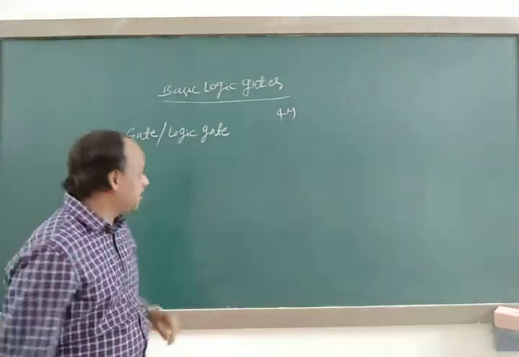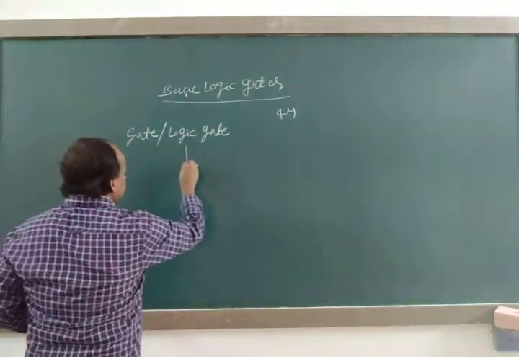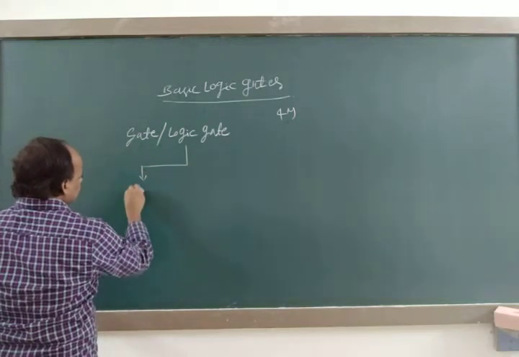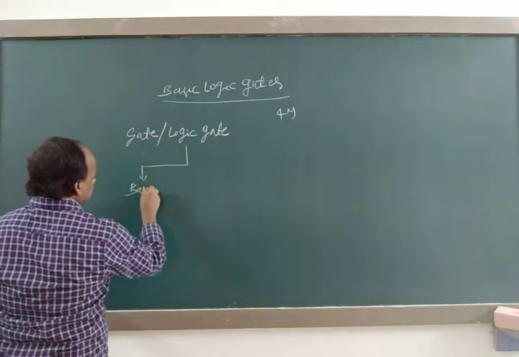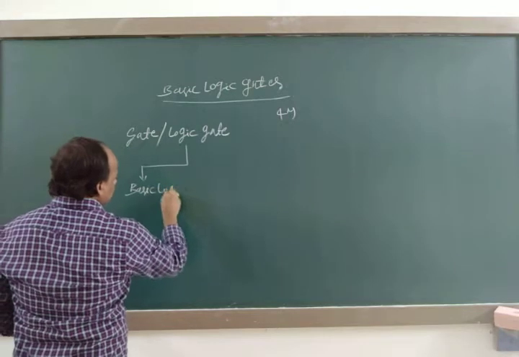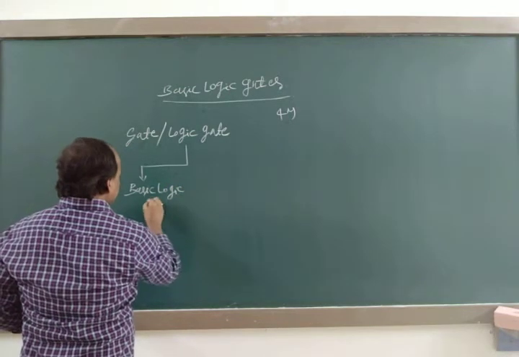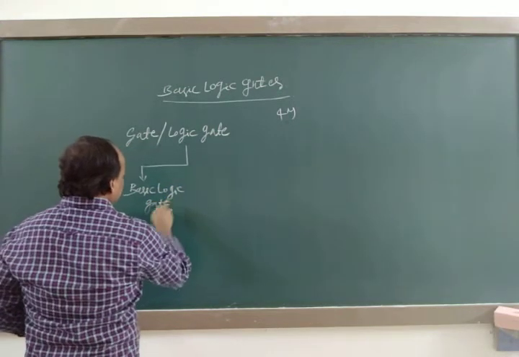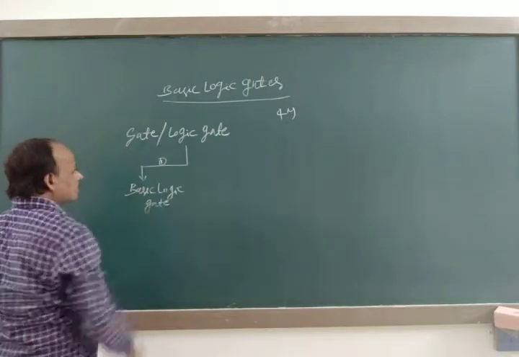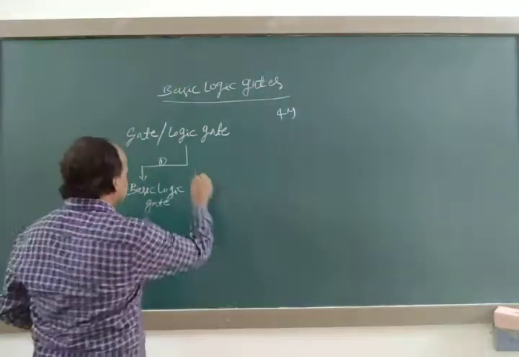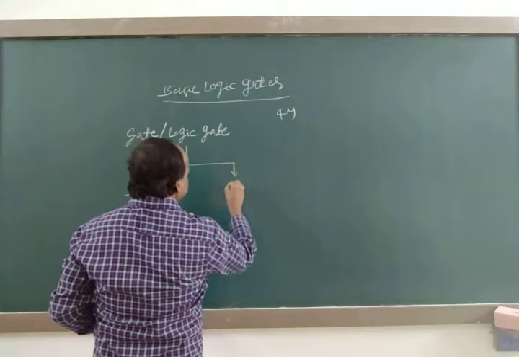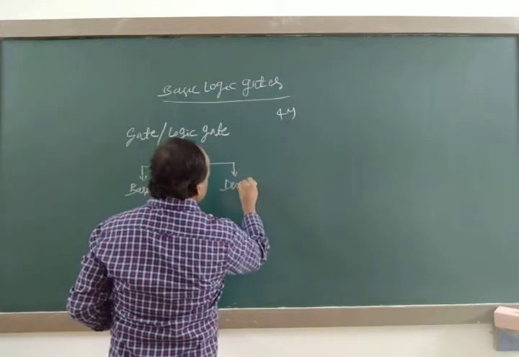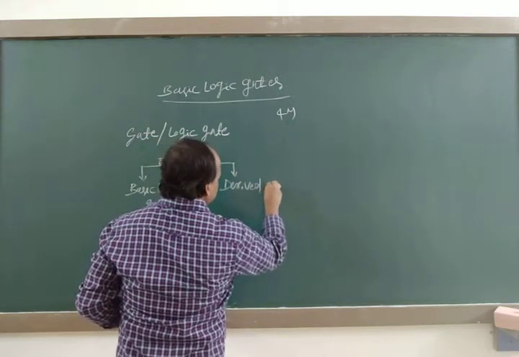So now the logic gate can be classified into 2 types. First one is basic logic gate, second one is derived gates.